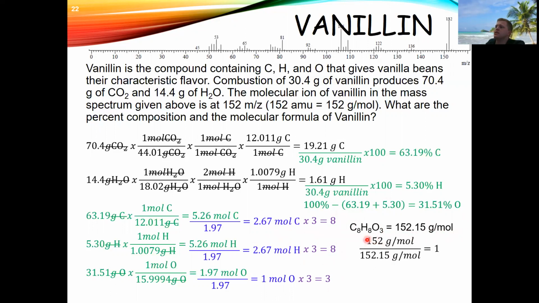We compare that to our molecular mass we got from mass spectrometry of 152. We do 152 divided by 152.15. That is about 1. And so we're going to take our empirical formula, multiply it by 1, and get our molecular formula of C8H8O3. And that is how we get our molecular formula of vanillin.